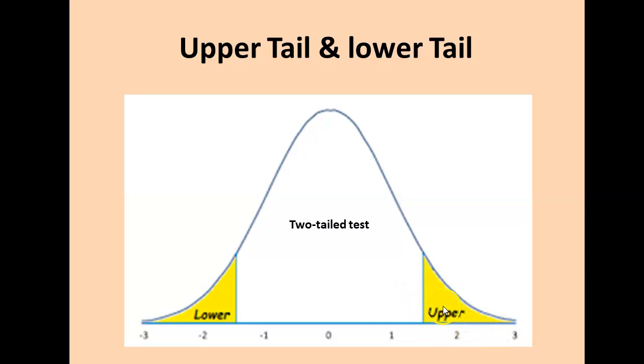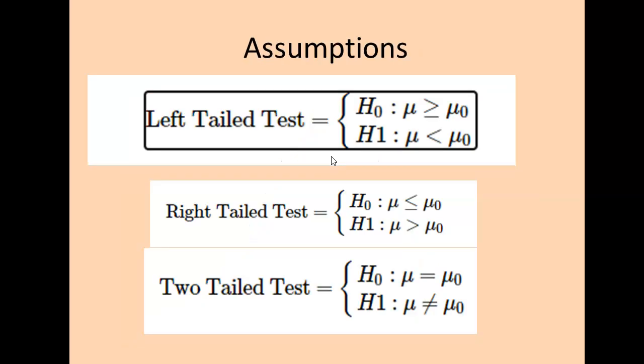But if the number could be less or more than the assumption, you choose the two tail test. So the area in the middle of the graph is for the two tail test. It could be more, it could be less, or it could be equal to the assumption, $16 here. So for this question, we know that we need to choose the left tail test.